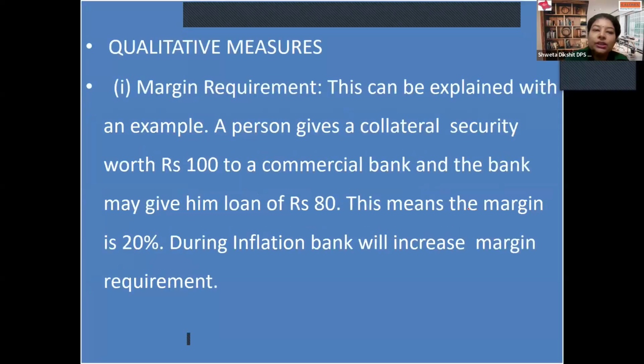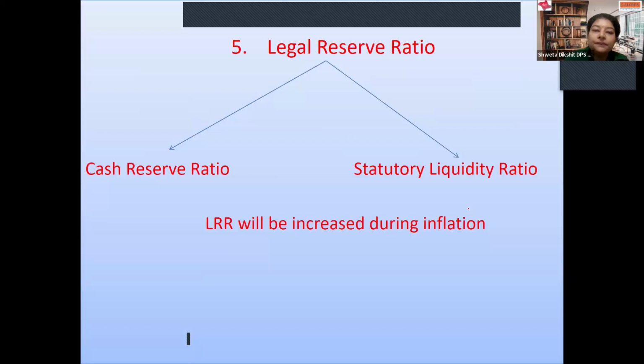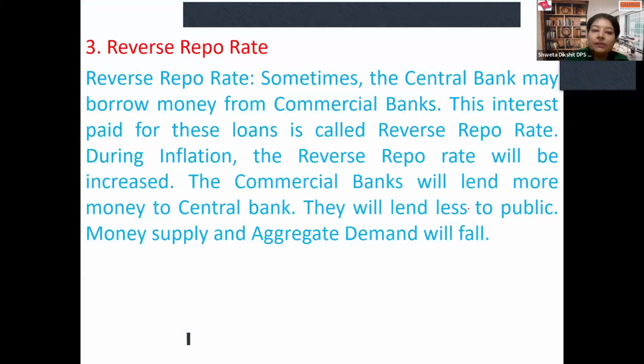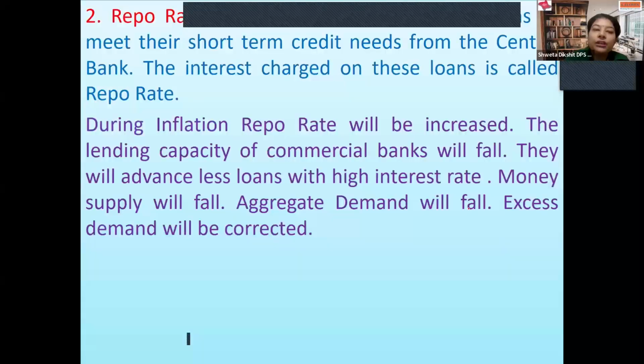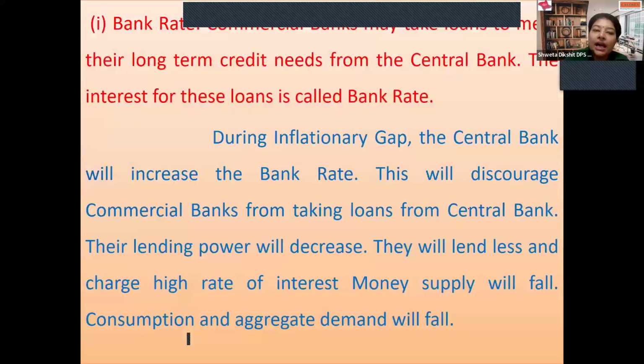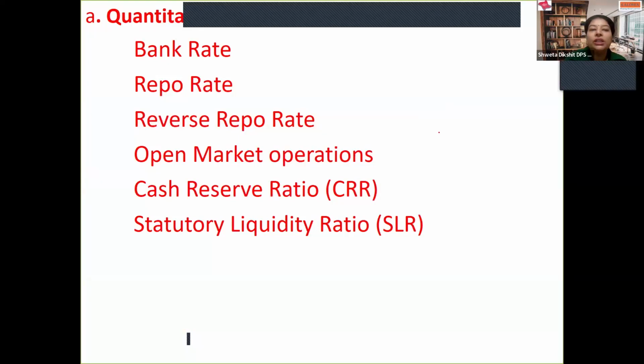Taking you back to the chapter Money and Banking, there you were told about the functions of RBI, and about the quantitative and qualitative measures to control the money supply. Now see, inflation is all about excess demand. Excess demand means the people have more purchasing power. So if you want to reduce the purchasing power of the people, you need to control the money supply.